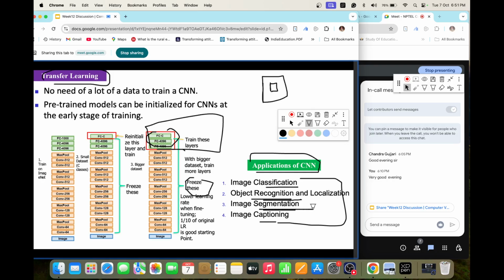And then segmentation is pixel-level detection. Object detection only marks the object with a bounding box, but here the bounding box will also be there, along with pixel-level segmentation. For example, this is the banana, so the segmentation will be done for this part. So that is segmentation.